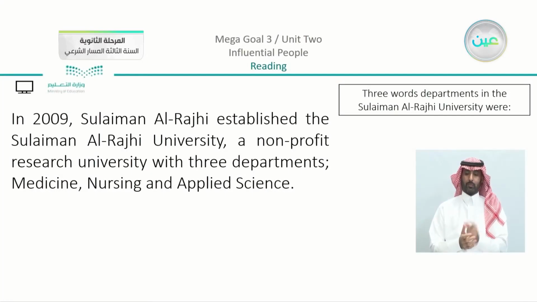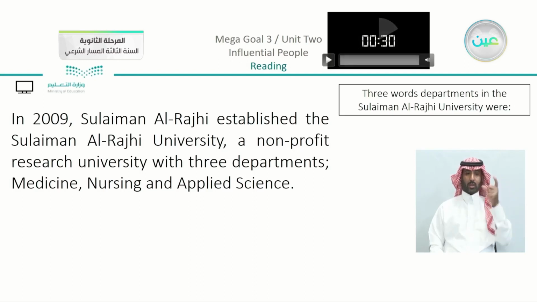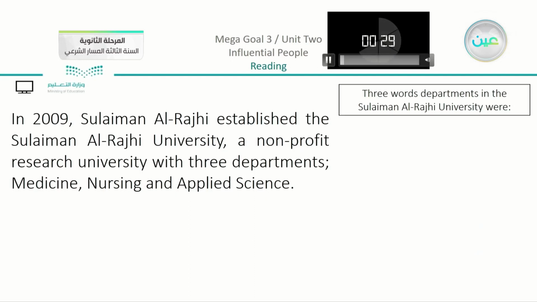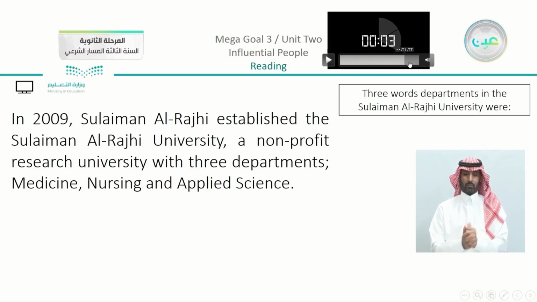Now we have a short paragraph here. Three departments in the Sulaiman al-Rajhi University, so you can just search for them. I'm going to stop the timer here because the paragraph is short.